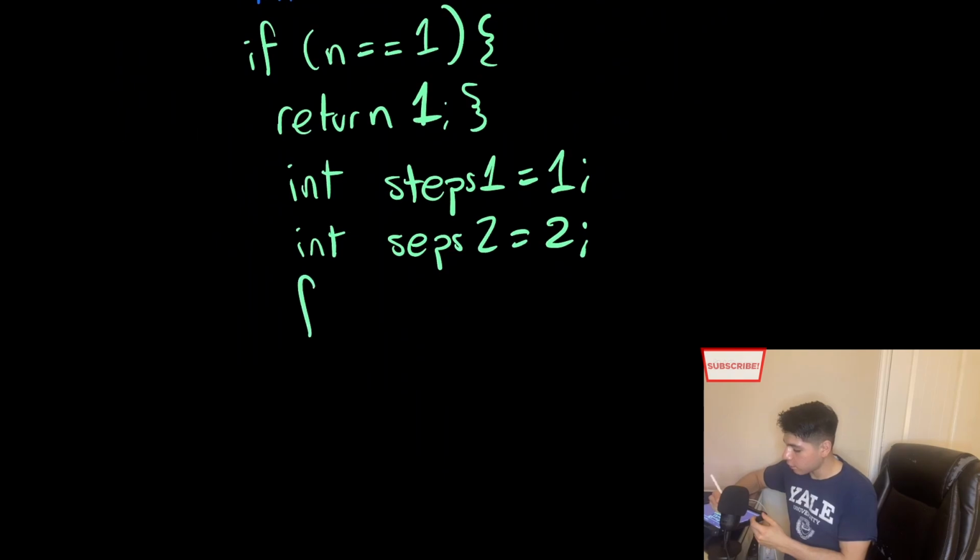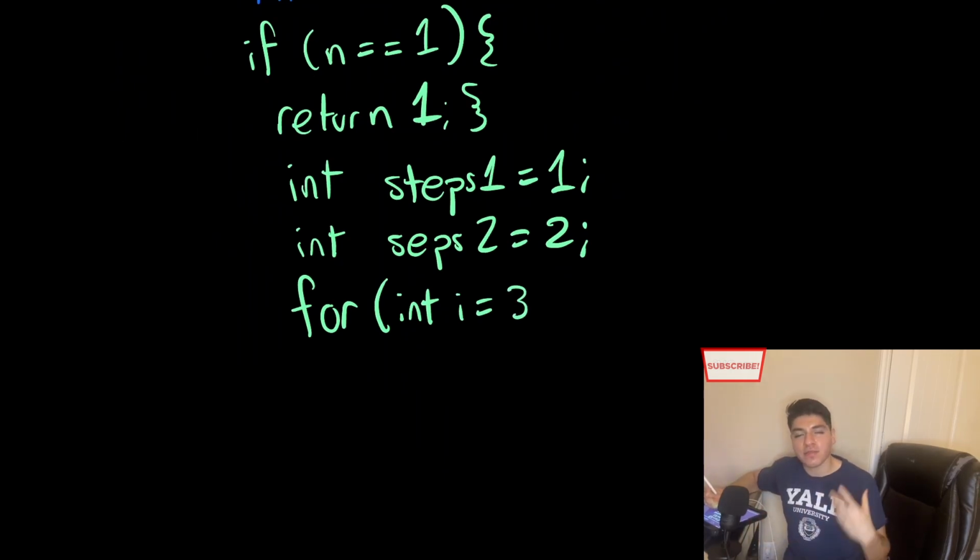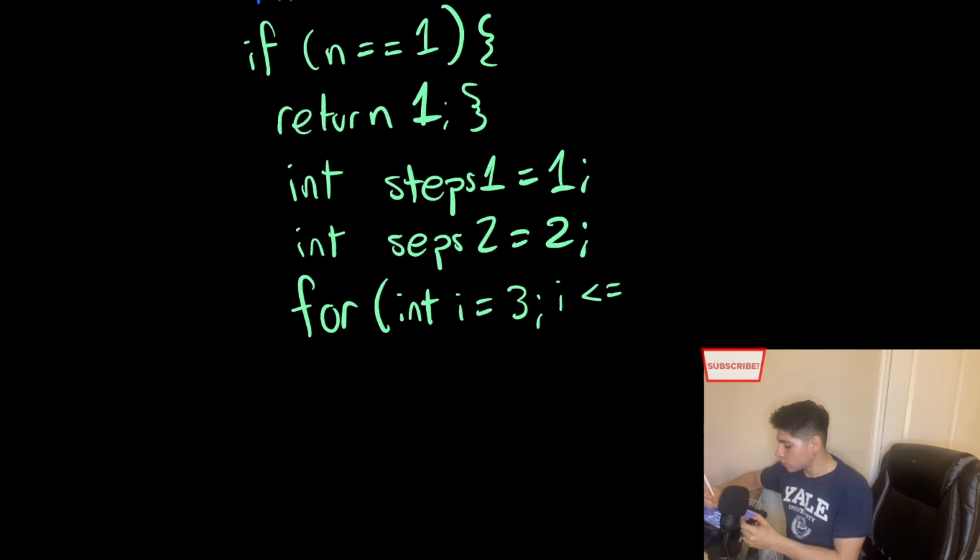So we're declaring a for loop for int i is equal to 3. The reason I want to start at 3 is because we already have the solutions for if it's 1 step and the solutions if it's 2 steps. For i is less than or equal to n and i plus plus.